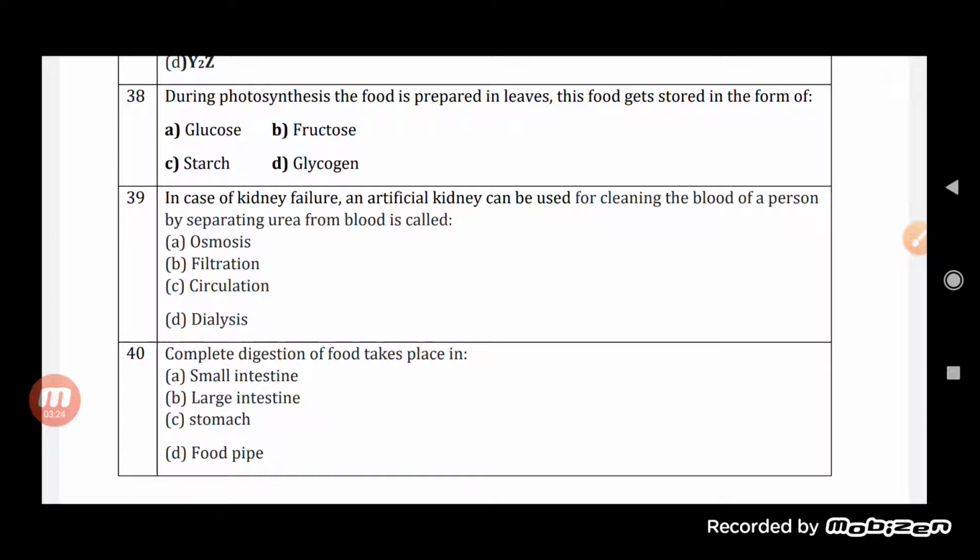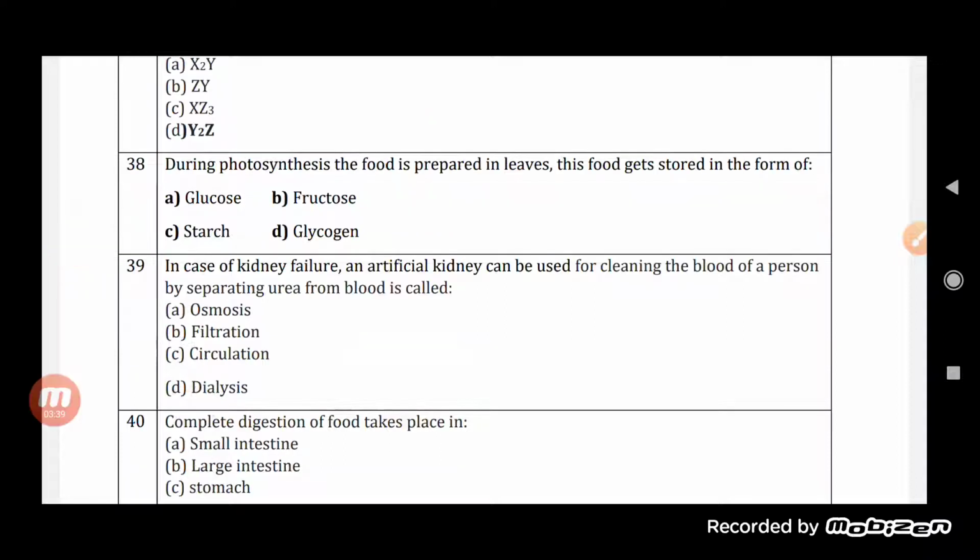But what happens if excess glucose is there? Plants store it in different parts in the form of starch, so that it can be used later by the plant itself.